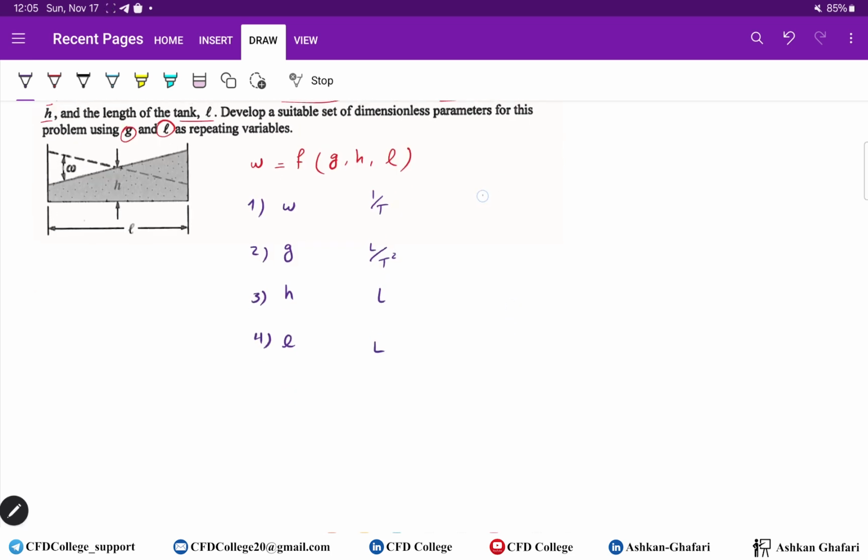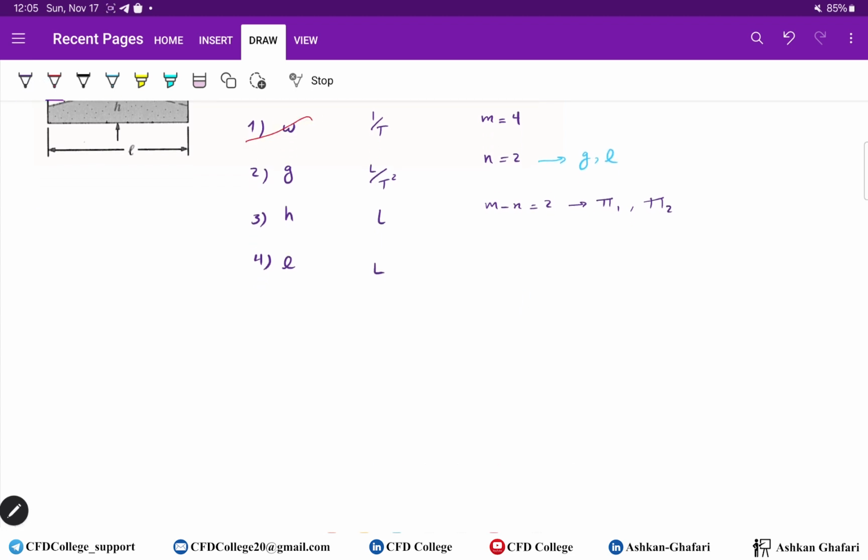So we have four quantities, m equals 4. We have two different units, n equals 2. So we will have two dimensionless groups, pi 1 and pi 2, and the repeating variables should be gravity and L. So we should start from omega.